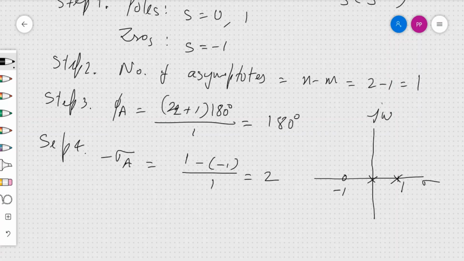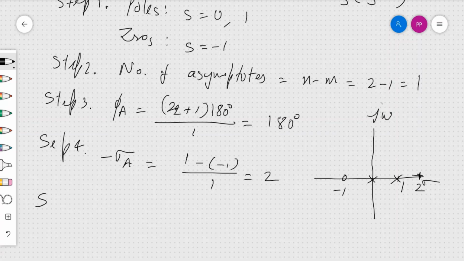I have the centroid at 2. As of now, this information is not sufficient to draw the root locus, because from the question we understand that we have a circle. So we have to do a few more activities to get the information required.